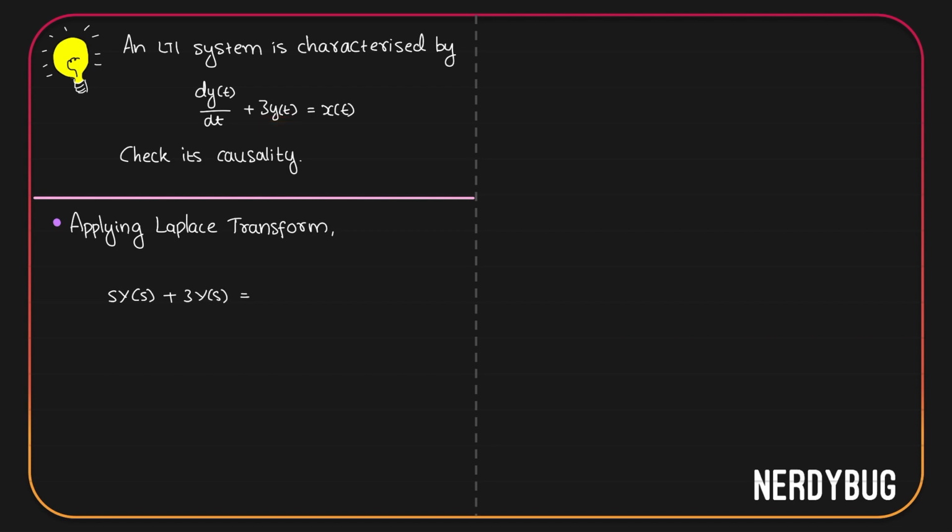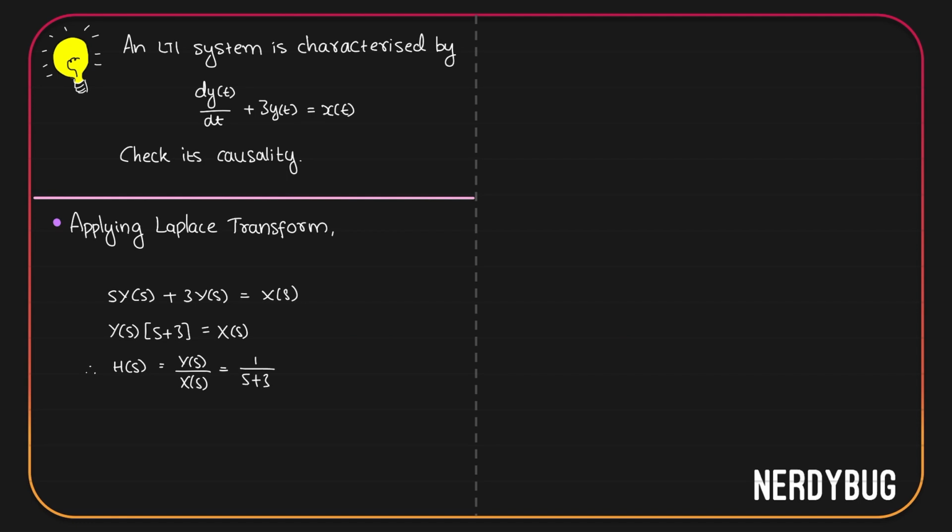This is equal to the Laplace transform of x of t, which is X of s. So we get Y of s multiplied by s plus 3 is equal to X of s. Therefore, the transfer function H of s, which is defined as Y of s divided by X of s, is 1 by s plus 3.